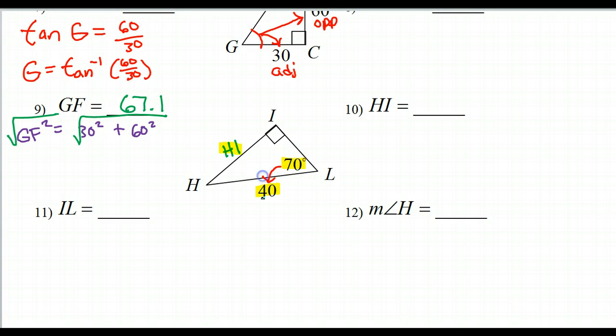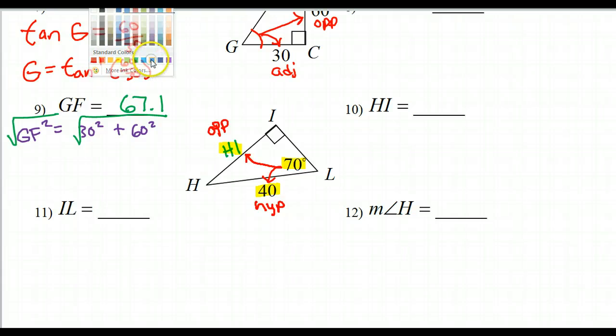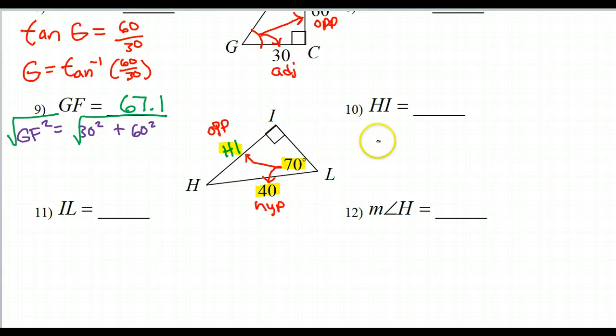Well, 40 is the hypotenuse, and HI is the opposite leg. So I've got opposite over hypotenuse. So that is the sine function. So I will go sine of 70 is equal to HI over 40.